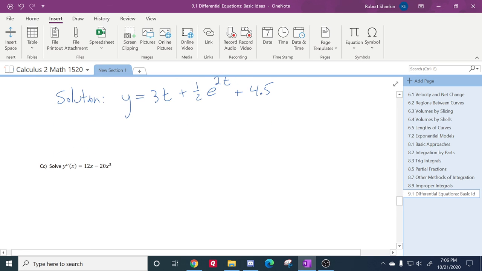Okay, let's move on. Let's do this one. So on CC, this also is the easy kind, but you're going to have to integrate twice.